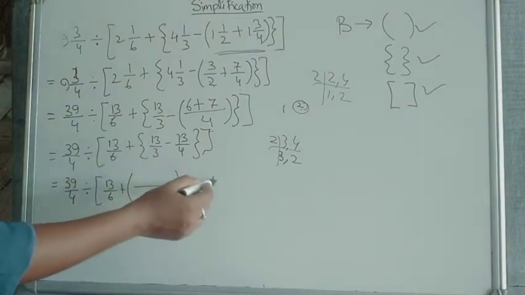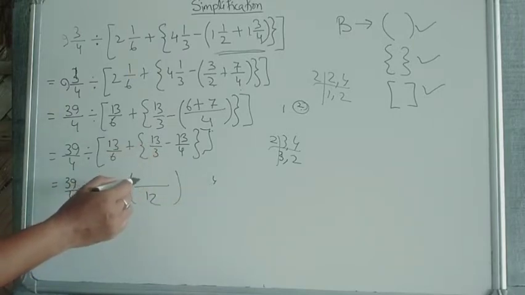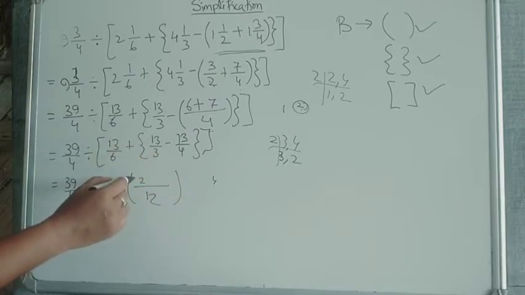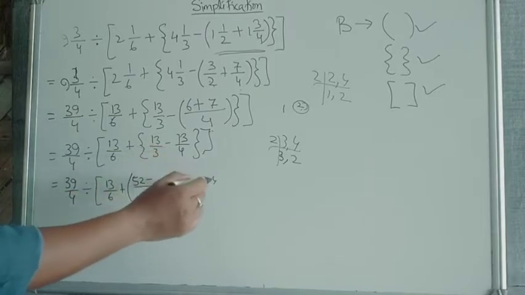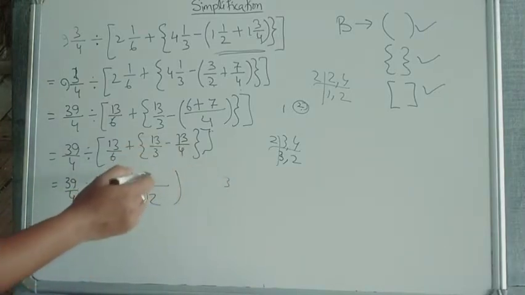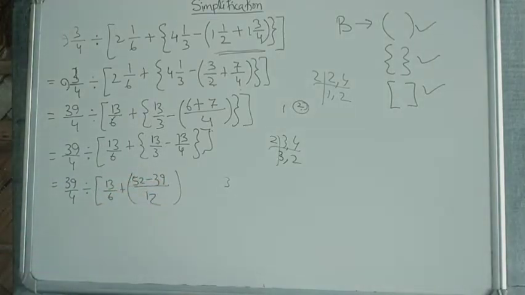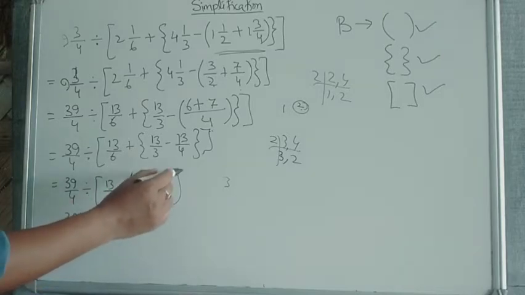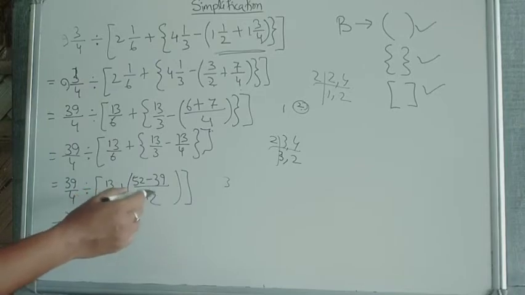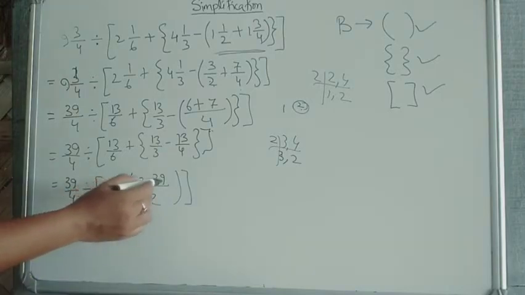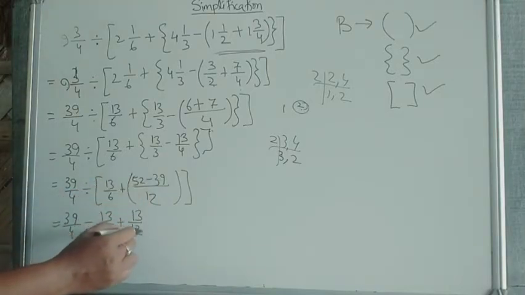Now 3 4 ja 12, 4 13 ja 52, 4 3 ja 12, 3 13 ja 39. Now this one will simplify. So our second bracket also finished. So it's 52 minus 39, 13 by 12.